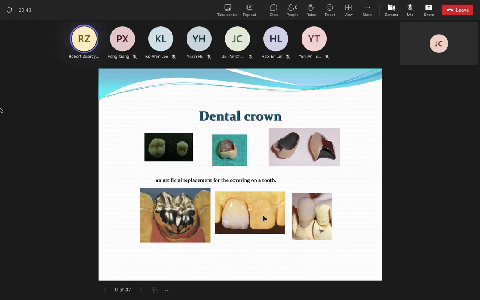Of course, all ceramic are the most aesthetic, and PFM also is aesthetic, but we have metal underlying, so not as good as full ceramic. And all metal nowadays is not usually used, sometimes on a back lower molar maybe, or sometimes in children's mouth when we have a deciduous tooth.